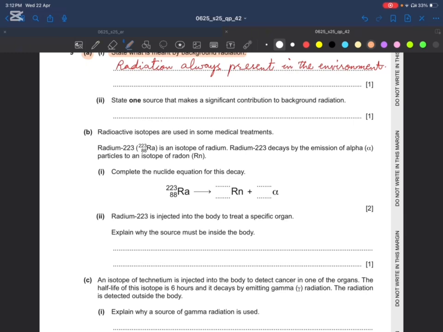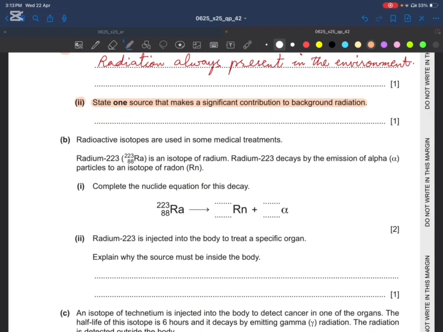State one source that makes a significant contribution to the background radiation. So there are a number of possibilities. You have concrete around, and you have different sorts of radioactive materials around, but I am writing only one over here, and this is the cosmic rays.